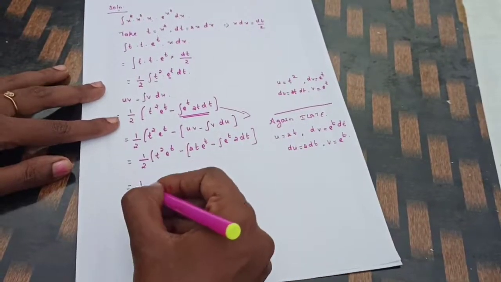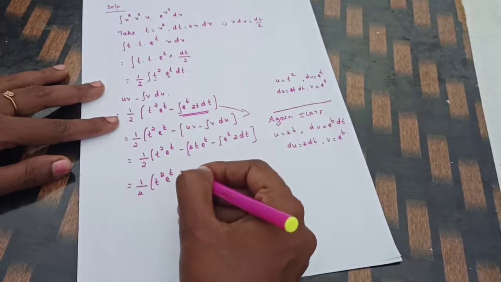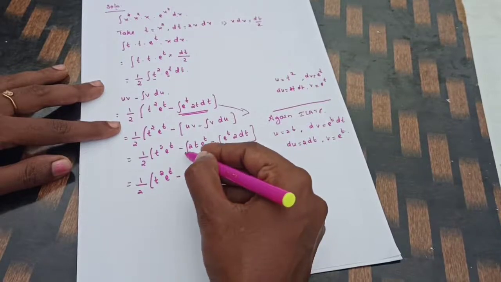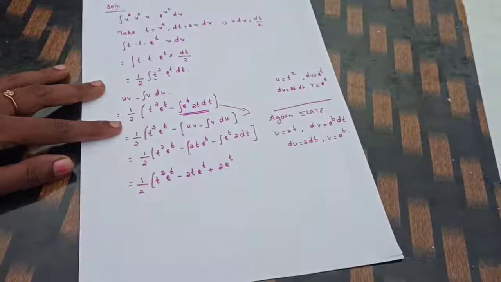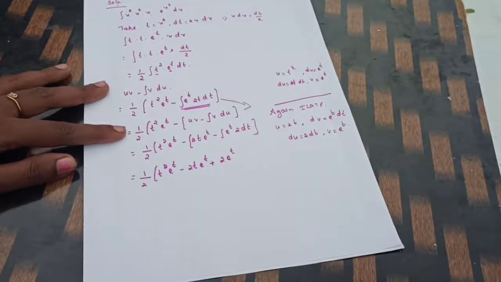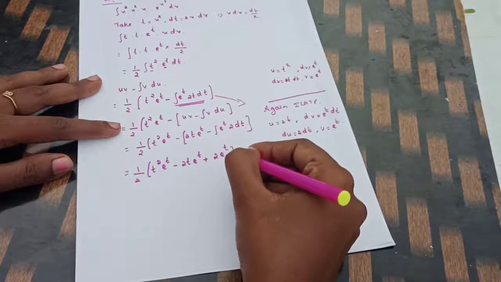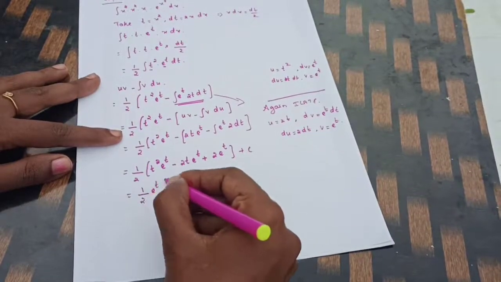That is equal to 1 by 2 into t square e power t minus 2t e power t, minus into minus plus, is it right? 2 e power t. So 2 e power t, is it right? Plus c. That is equal to half into, shall we take e power t outside?